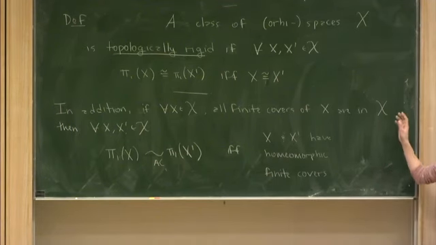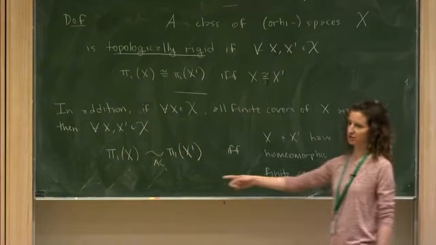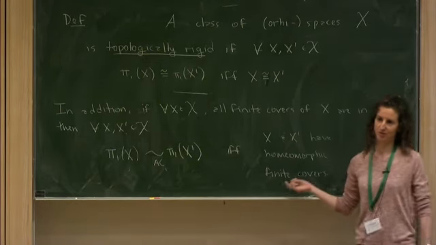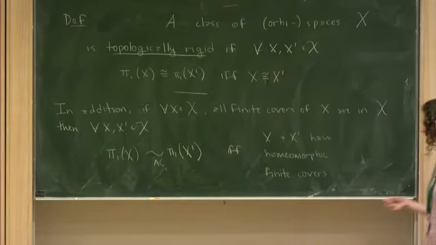So if these conditions are satisfied, you can pass from the algebraic notion of commensurability to a topological notion of commensurability.